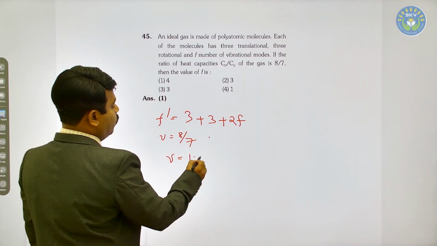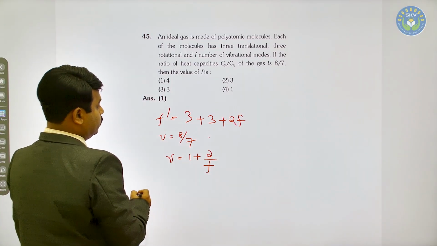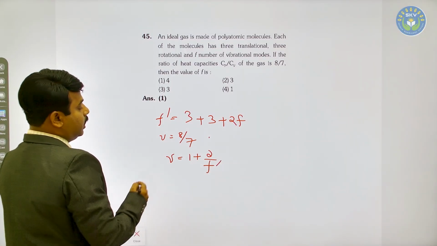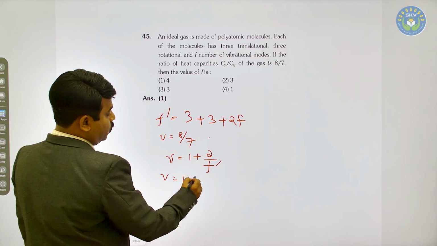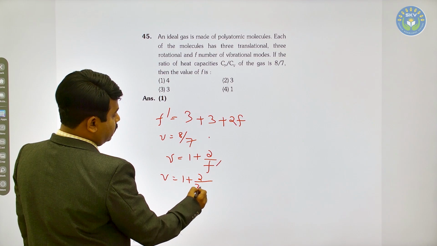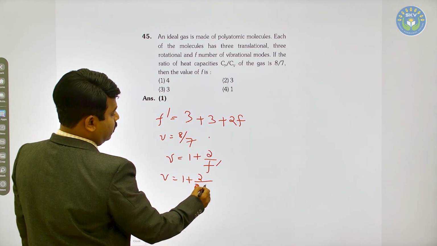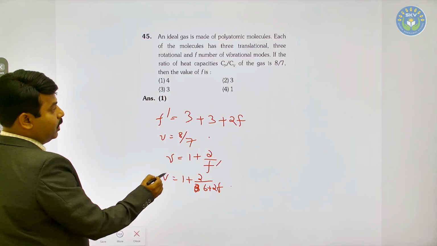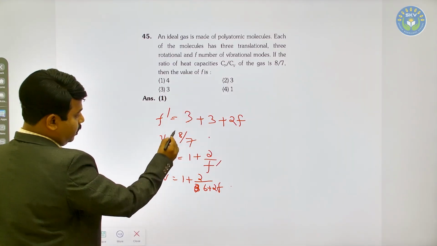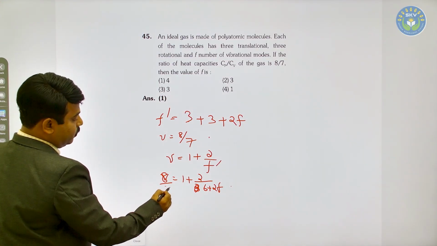Gamma is equal to 1 plus 2 by F. Now gamma is equal to 1 plus 2 by (3 plus 3, that is 6, plus 2f). We need to solve for f. Gamma value is given, that is 8 by 7, so I am replacing this with 8 by 7.